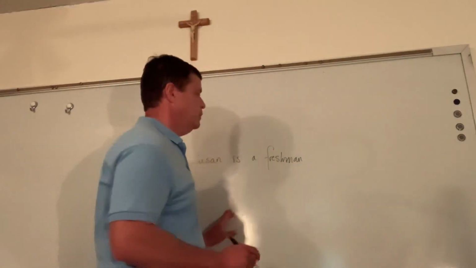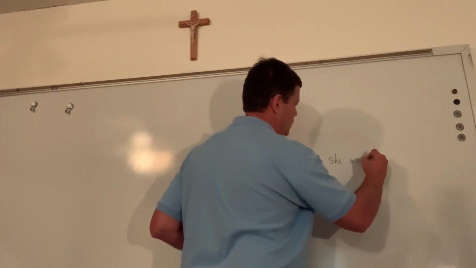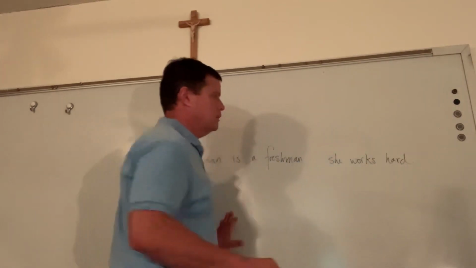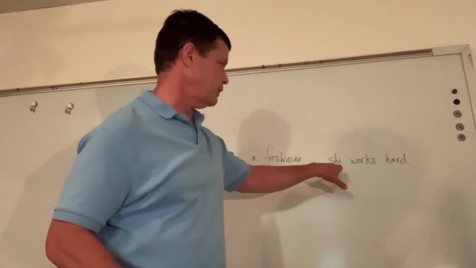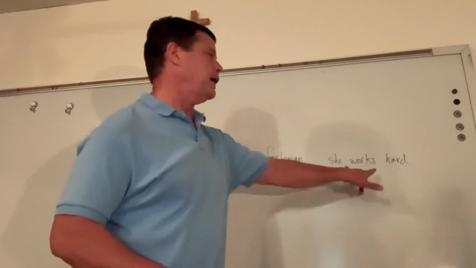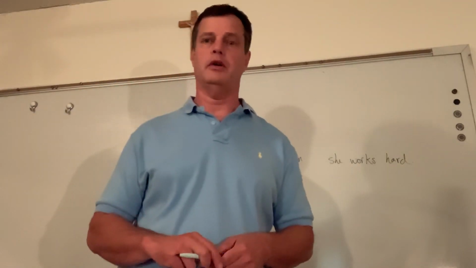Same thing is true if we add to it, she works hard. Again, it's a group of words that has a subject, she, works, verb, a subject-verb combination. And this also could stand alone as a sentence. You could have a sentence that says she works hard.